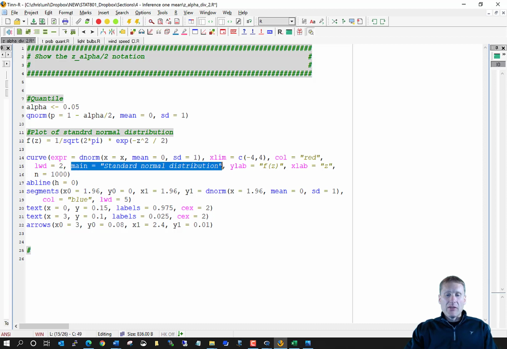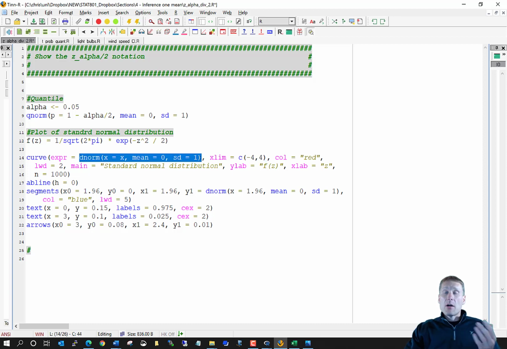I'll put a nice title on the plot, a y-axis label, an x-axis label, and this n equal 1,000 corresponds to how R works with this curve function. What R does by default, it will put 101 equally spaced values corresponding to the x-axis limits you've given, and evaluate whatever you have for the expr part of the curve function.